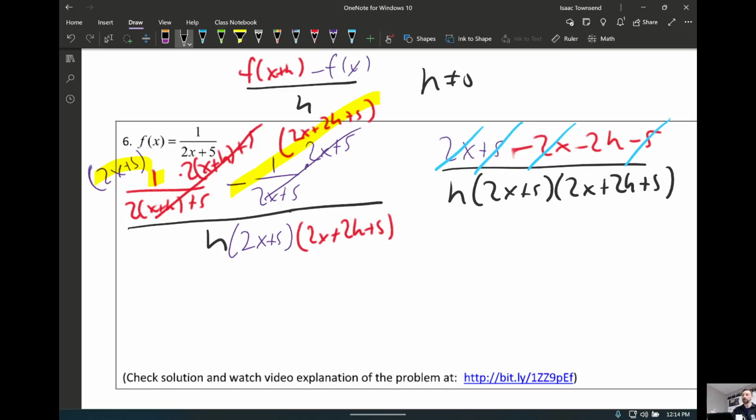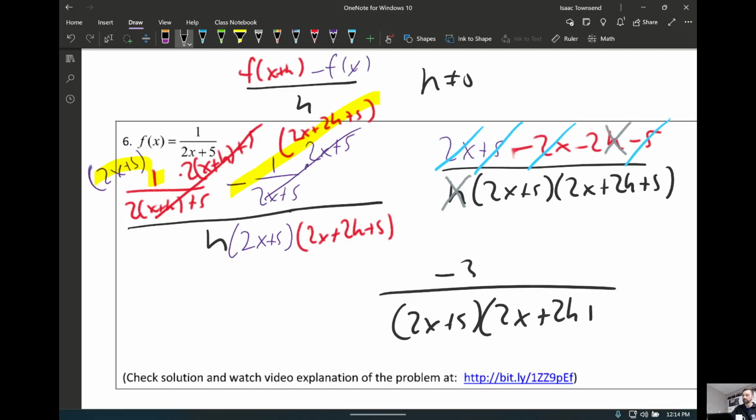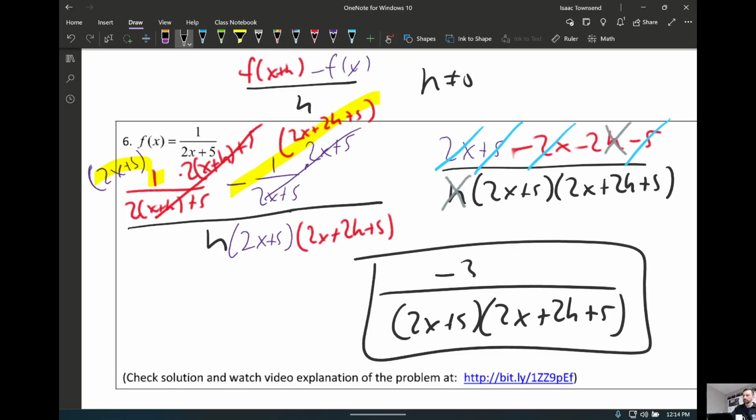This is negative 2 times h, this is h times some other stuff. Multiplying by h and dividing by h can cancel. This is what we would want to see as your final answer. Now, if you don't distribute this 2 here, if you left this 2 times x plus h, that's fine too. That's equivalent. It's not any better or any worse.